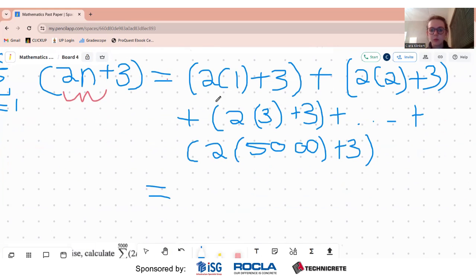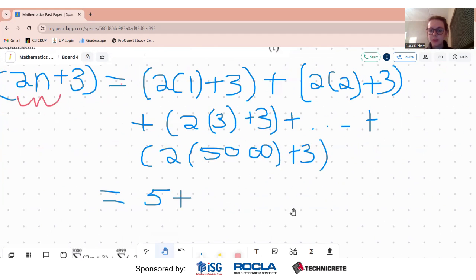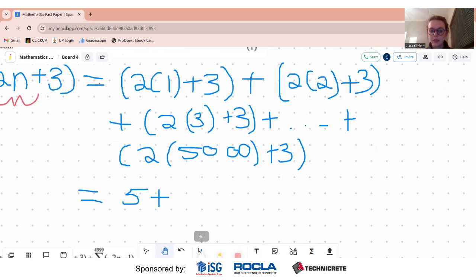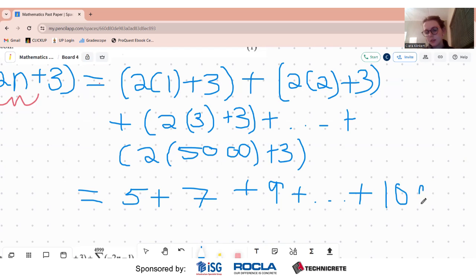Okay, so 2 times 1 is 2, plus 3 is 5. 2 times 2 is 4, plus 3 is 7. Plus 2 times 3 is 6, plus 3 is 9. And in this last term, 2 times 5,000 is 10,000, plus 3 is 10,003.